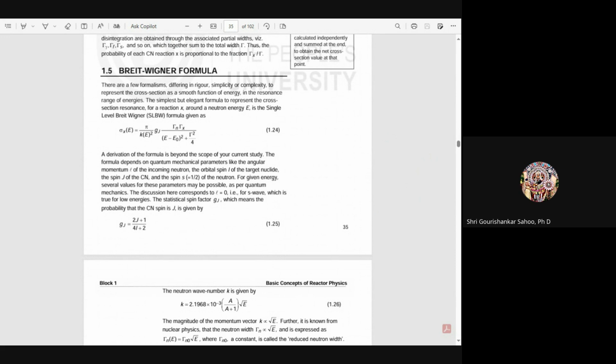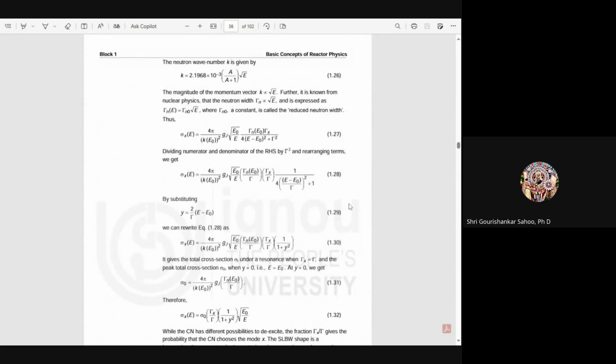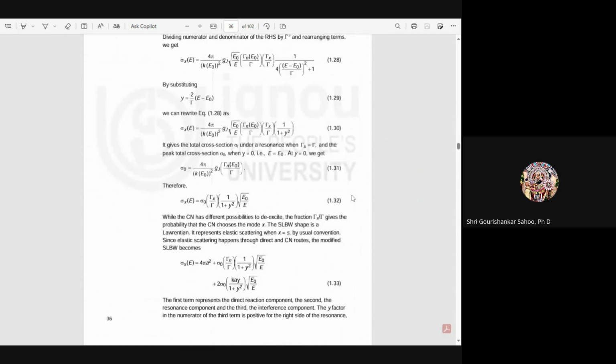Your G j is equal to (2j plus 1) by (4 pi plus 2). And you can see that your cross section sigma 0 is equal to 4 pi by k square G j gamma n by gamma, and your sigma x is equal to sigma 0 gamma x by gamma times 1 by 1 plus y square, root over of E0 by E. So your compound nucleus has different possibilities to de-excite.